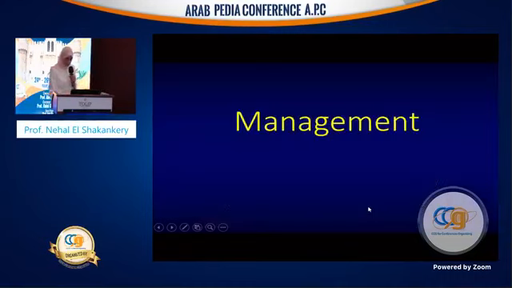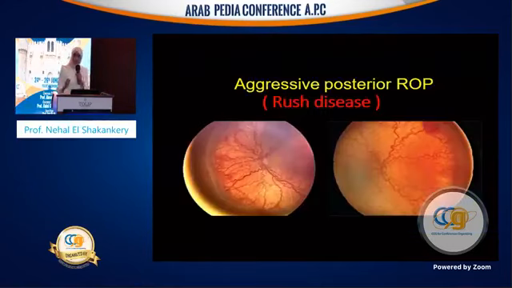How to treat? I'm not going to, of course, go into details of the treatment because you're not ophthalmologists, but I want to stress one important indication. We have what is called aggressive posterior retinopathy of prematurity, or rush disease.